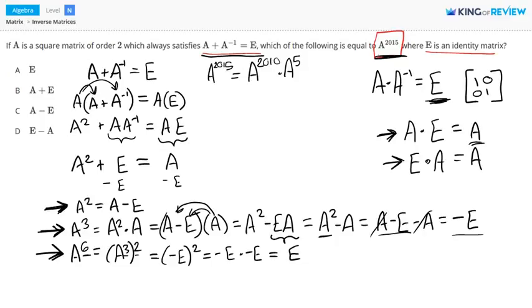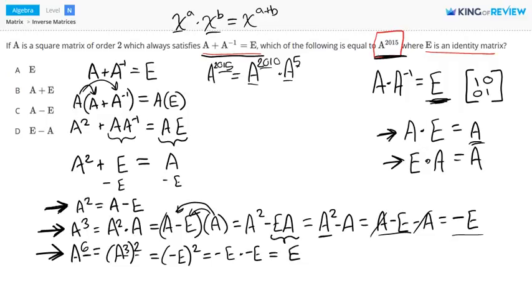Well, if you remember back in exponents, if we have x to the power of a times x to the power of b, because we have two exponents that have the same base and we're multiplying them together, you can go ahead and add the exponents. So this is that rule backwards. A is the base and they're the same, so we can add the exponents. 2010 plus 5 gives us 2015.